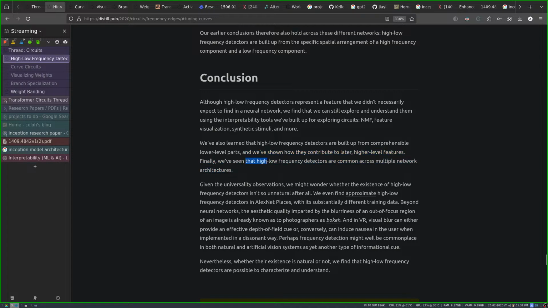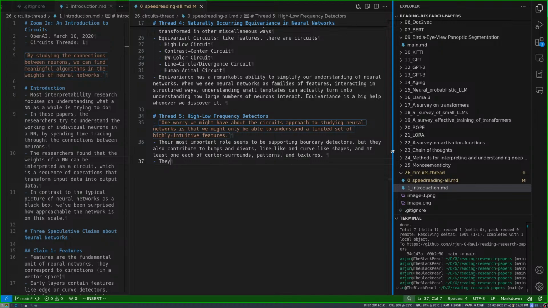Finally, we've seen that high-low frequency detectors are common among multiple network architectures. They are highly universal, present in almost all models.